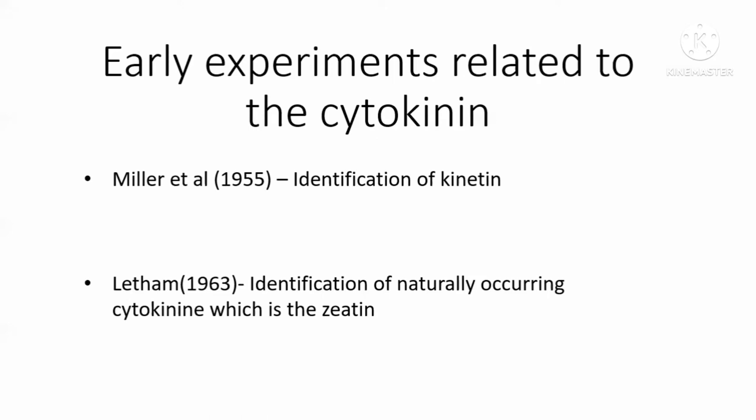One instance is herring sperm. Herrings are a kind of fish. The sperm of these herrings was incorporated into the growth media in order to see whether cell division is increased or not.